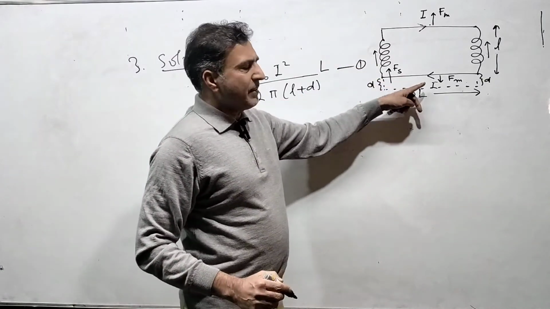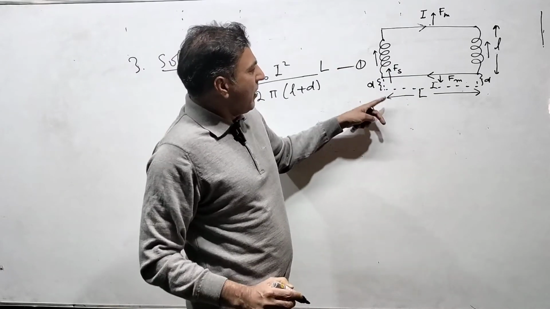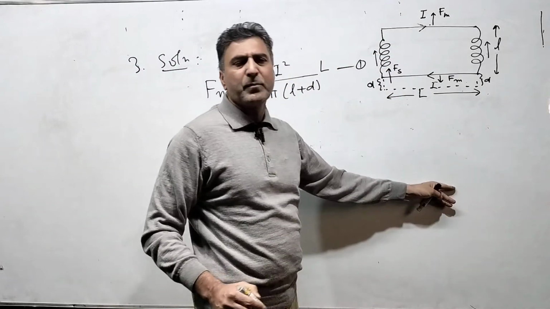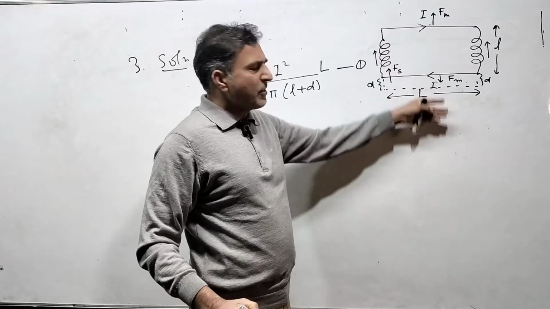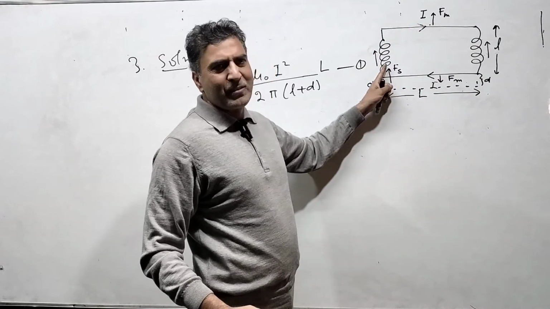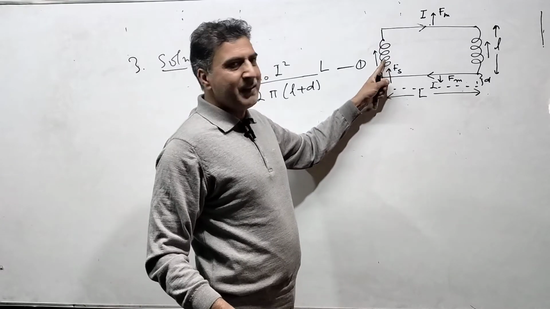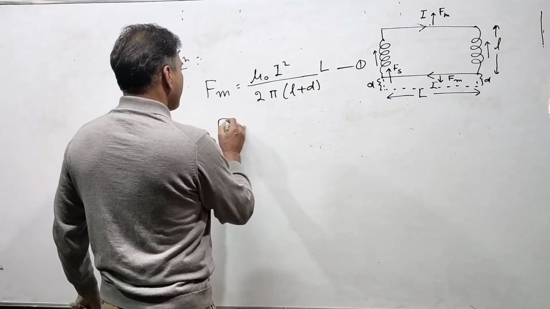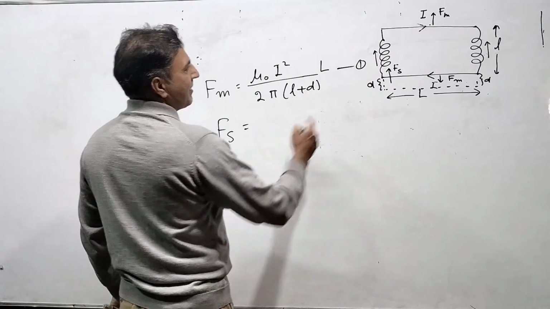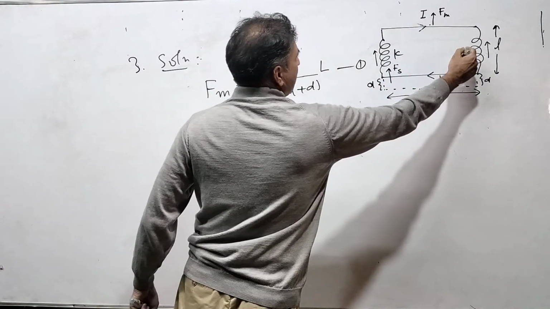Had this force been the only force, then it would keep stretching continuously. But this creates an upward force at the same time, because the moment it stretches down, it creates an additional force. What is the spring force? Yes, that is K, the spring constant that we have to find.